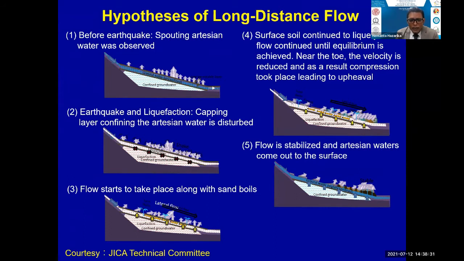We in the JICA technical committee came up immediately after these disasters. We have liquefaction here, then flow started taking place, then the artesian groundwater came up, destroyed the cap layer, and led to the large distance fluidized flow of these areas.